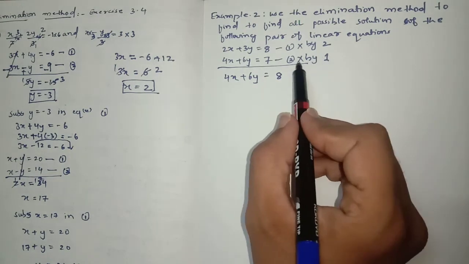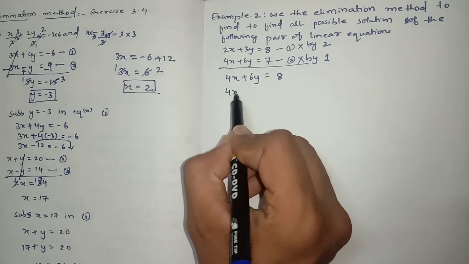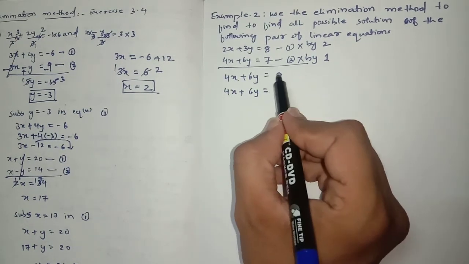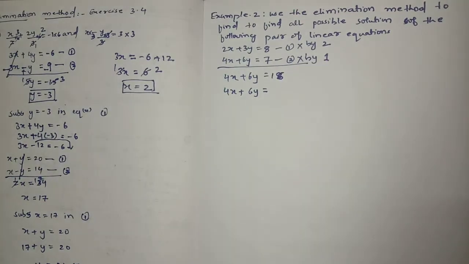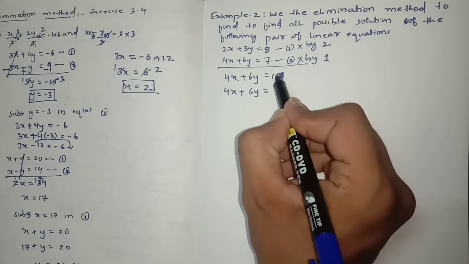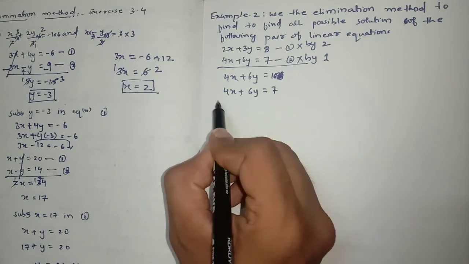Then when you multiply equation by 1, the same thing will remain. 4x plus 6y is equal to, here 2 8s are 16. This is 16, student, keep in mind. 2 8s are 16. Then this equation will be as it is.